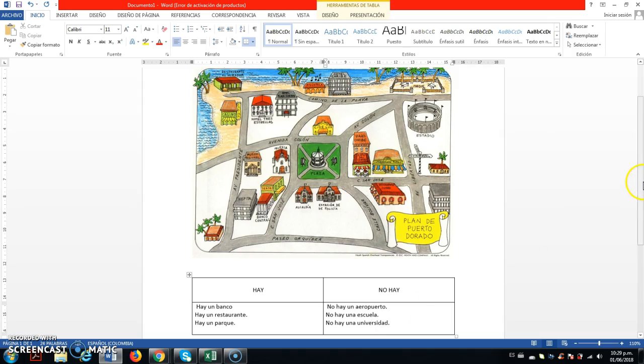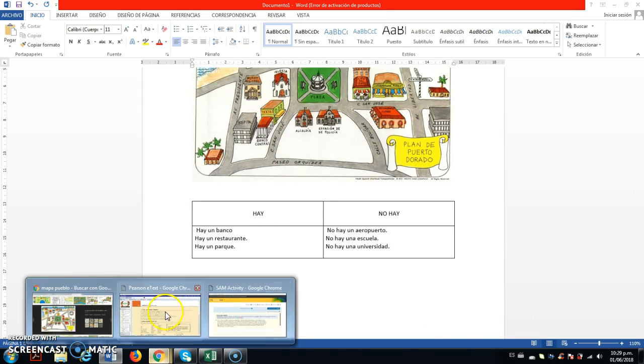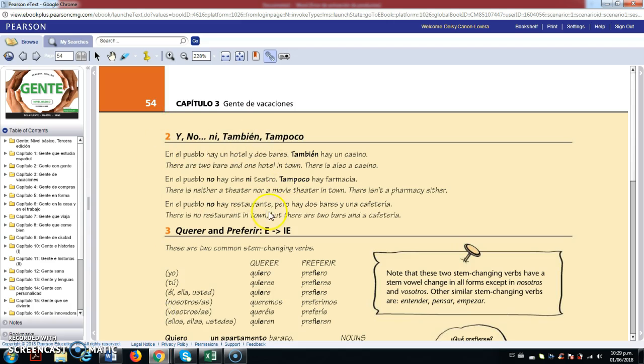¿Ok? So, pensando en las palabras, ¿cierto? En estas palabras vamos a decir que hay. Entonces, vamos a enunciar primero dos y luego una más. ¿Ok?